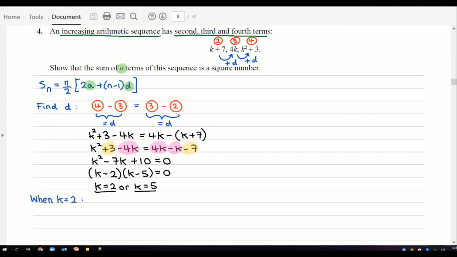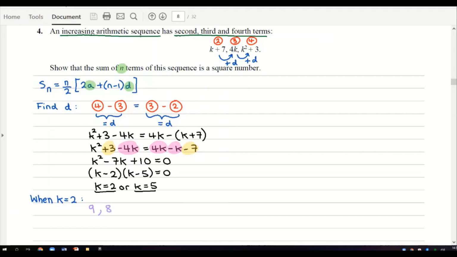Well, my sequence is going to be k plus 7. So when k equals 2, we get k plus 7, which is 9. Then we have 4k. Now 4 times k, so 2 4s are 8.